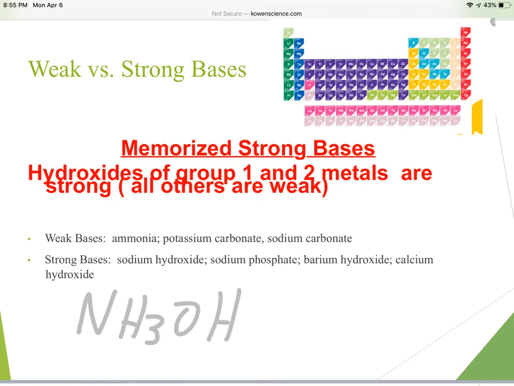When I look at ammonium hydroxide, ammonia is not in group 1 or 2, so this right here is not a strong base. It would be a weak base. So if the first element is in group 1 or 2, it's going to be a strong base. If not, it's going to be a weak base.